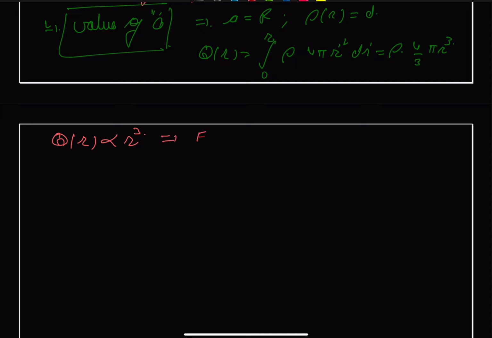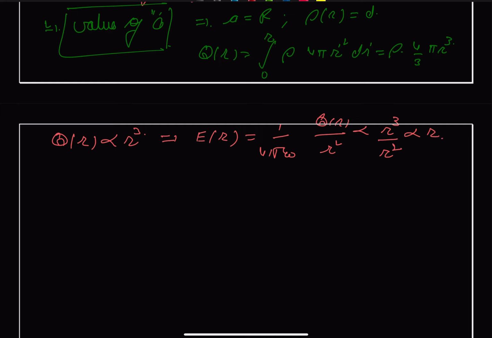Thus our electric field, which is 1 upon 4 pi epsilon naught Q of r upon r square, will be proportional to r cube divided by r square, which is proportional to r.